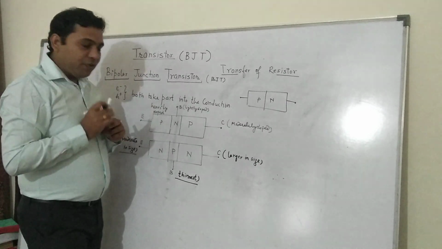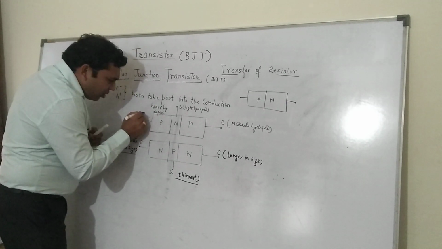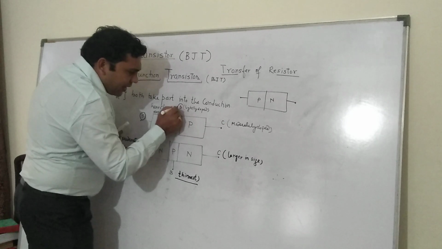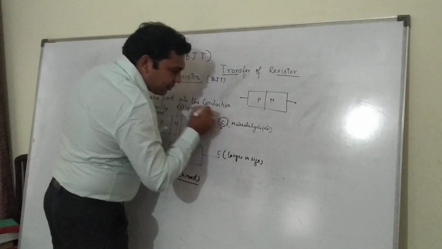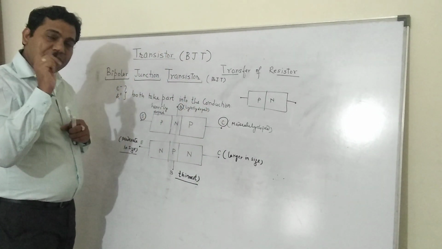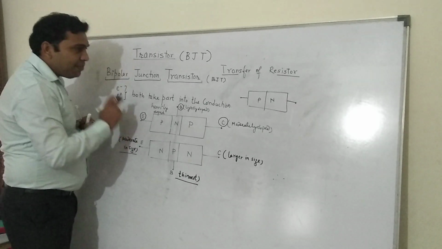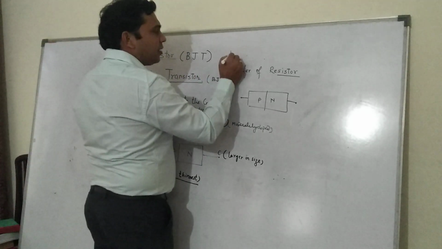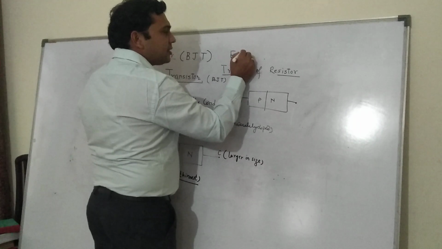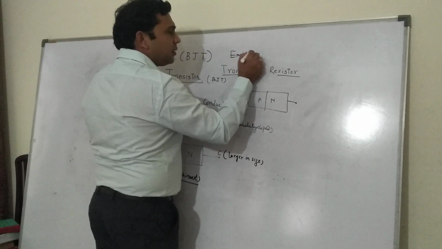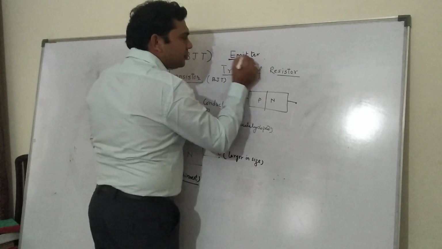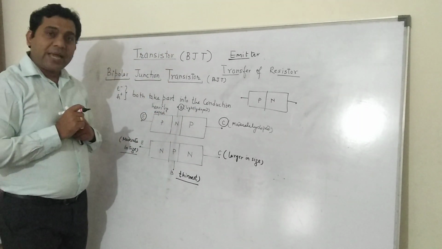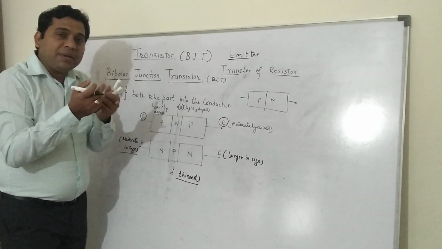Now one more important thing: why we call it emitter, why we call it a base, and why we call it a collector. This is also very important. The meaning of emitter is which emits. Emit what?